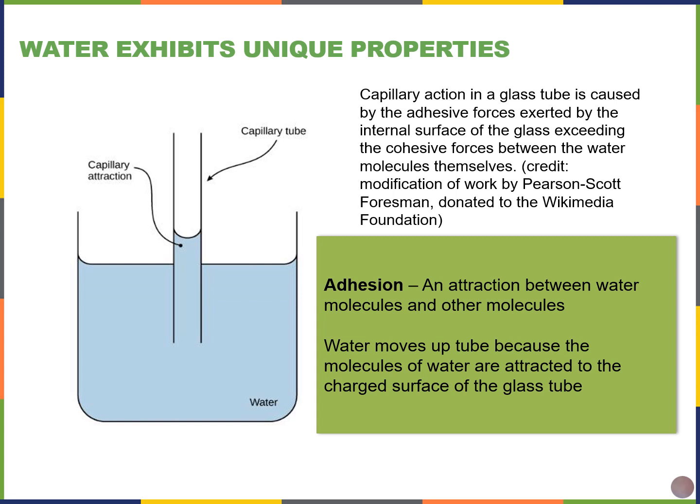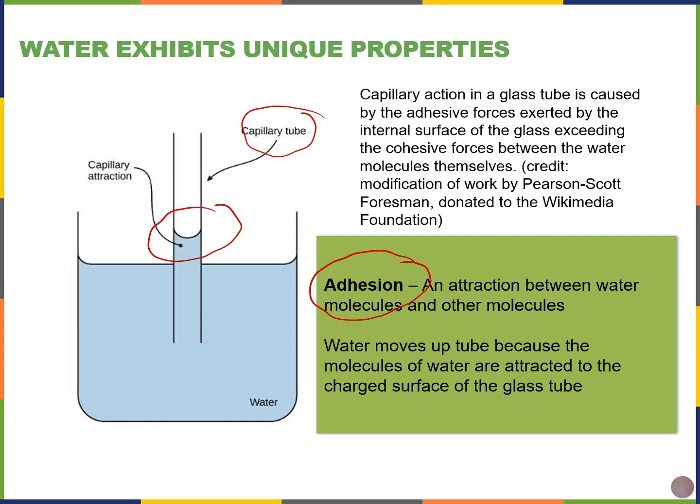Another property is adhesion. Cohesion was when we looked at water sticking to other water molecules. Adhesion is when water sticks to something else, like glass. We will often see, when we put water into some kind of glass container, like a capillary tube or a graduated cylinder made of glass, a meniscus form due to capillary action.